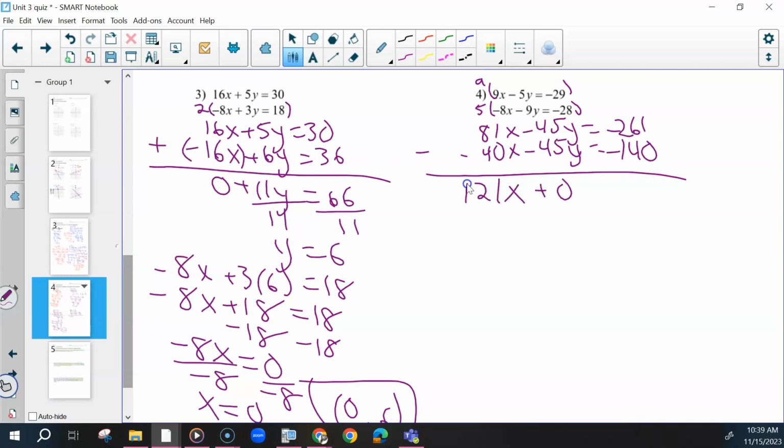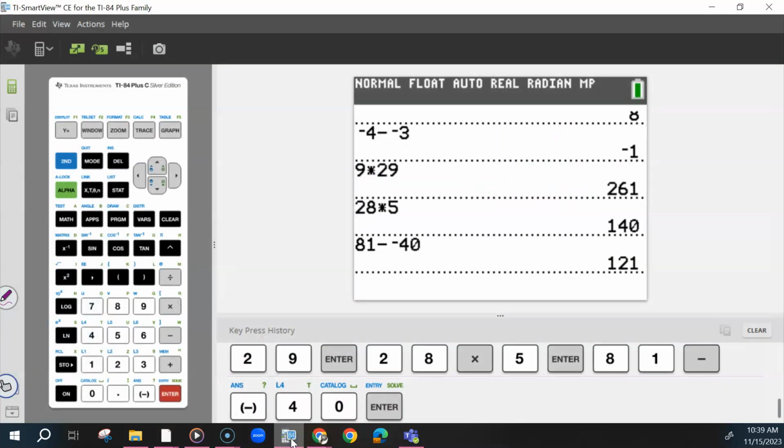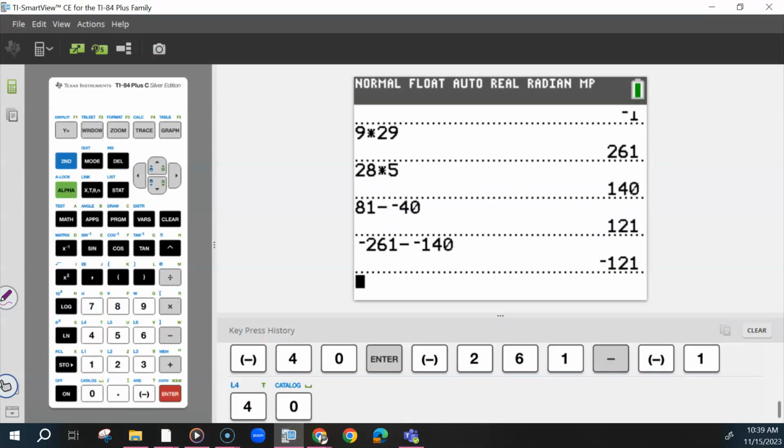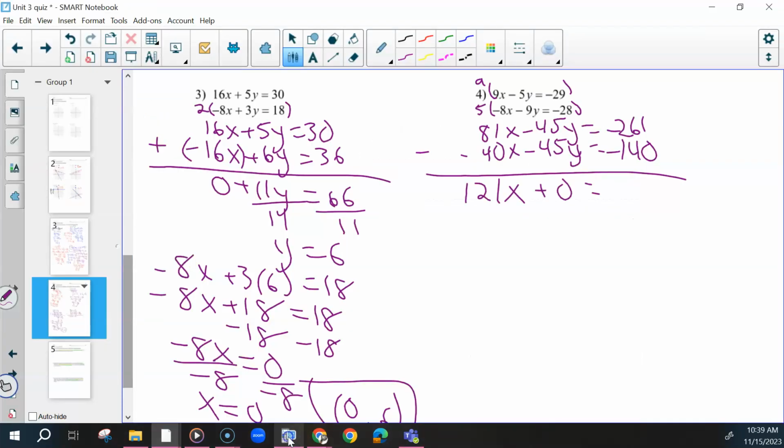This would become 0. Plus, minus, doesn't matter. Negative 261 minus negative 140 would be negative 121. So the x would equal negative 1.